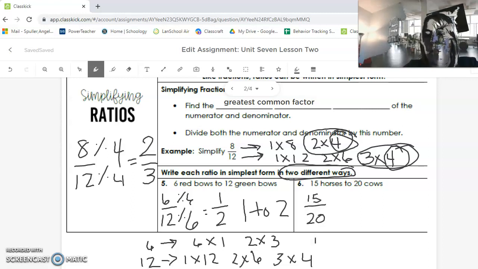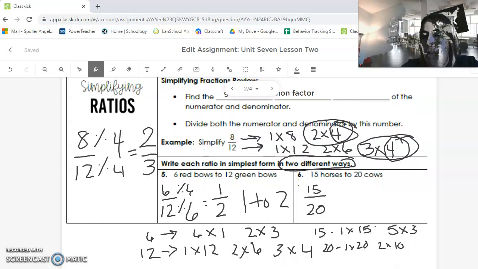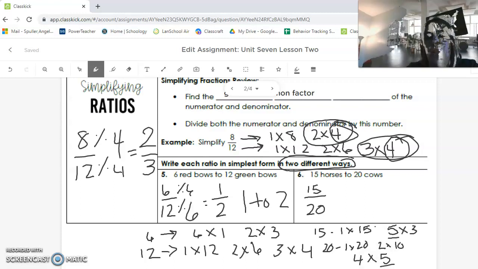For 15, I have 1 times 15, and I have 5 times 3. 20 gives me 1 times 20, 2 times 10, and 4 times 5. So if you can see here, 5 is the greatest number they have in common. So I'm going to divide both by 5.